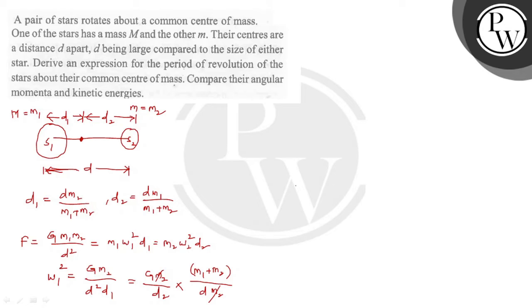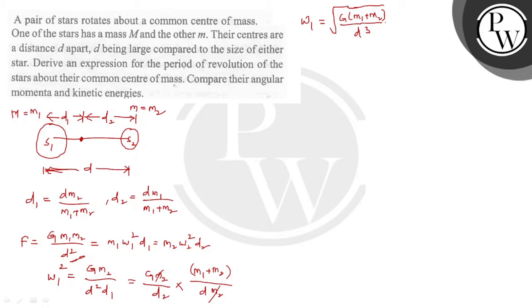So now omega 1 must be equal to under root G into m1 plus m2, completely under square root, by d cube.